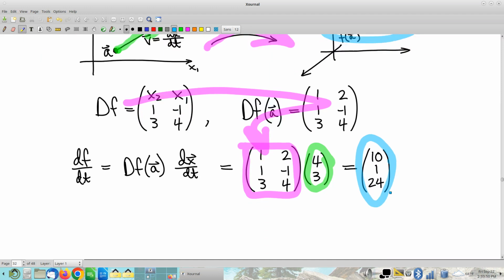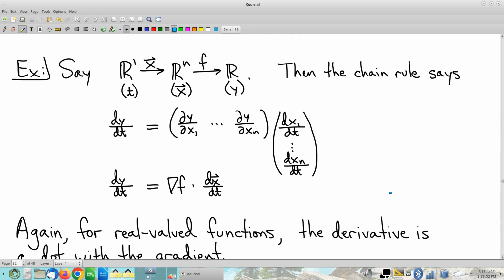Real quick, special case of a special case. Here, not only do we have a single input, just like before, so I can view this as two parametric curves, and F is like a relationship between two parametric curves. Fine. Here, also, only one output variable.